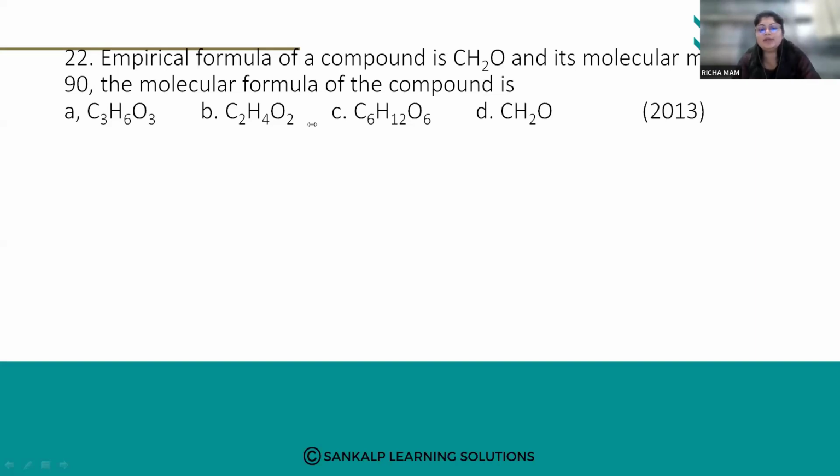What do you mean by empirical formula, students? We have discussed all this in the synopsis. How we are going to calculate, and we have seen the different formulas, right? So first find out the empirical formula mass of CH2O.